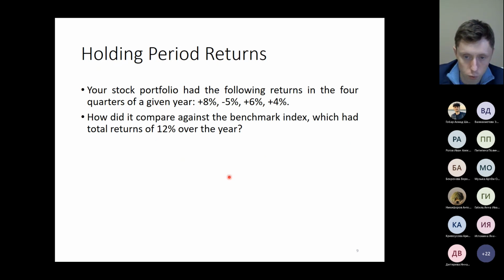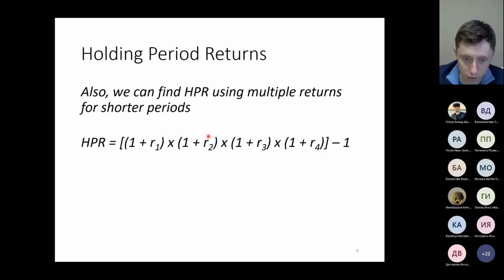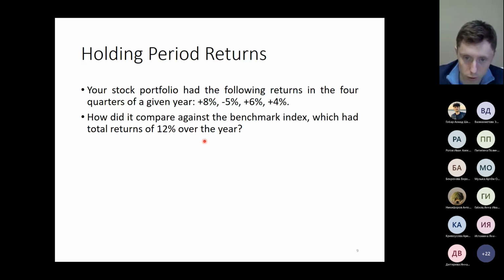Here is an example for this formula. There are 4 returns for different quarters. And by the way, here we see why we need this 1 here. If we had a negative return, we wouldn't receive the correct answer.